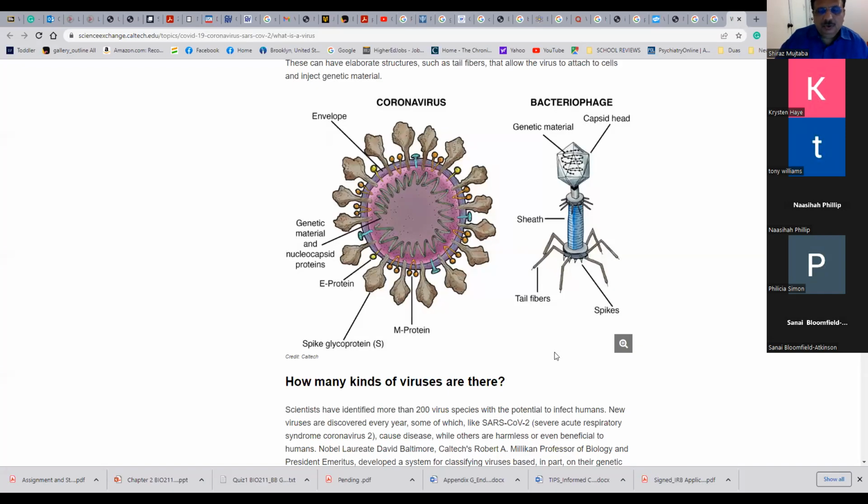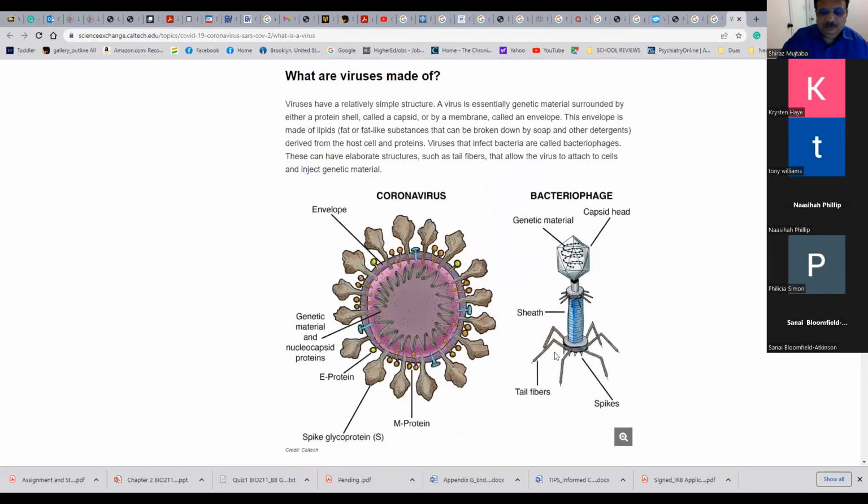So, very broadly, you can divide viruses into those that exclusively infect bacteria. They are called bacteriophages. They don't infect human cells, only bacteria, very species specific.